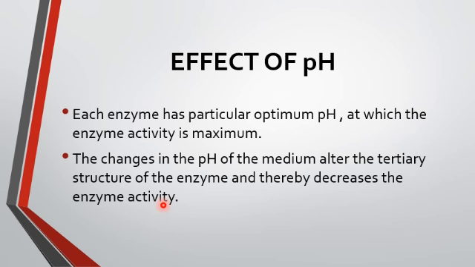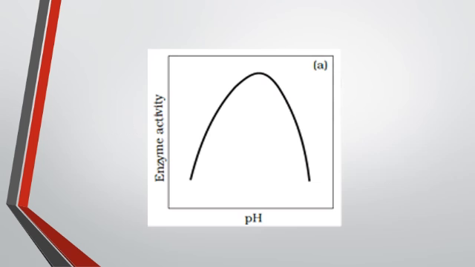So the enzymes are active only at the particular pH that is known as the optimum pH. This graph again indicates this peak as the optimum pH in which the action is maximum. For example, it may be pepsin when its pH is 2, or pancreatic amylase when the pH is 8.1, and so on.